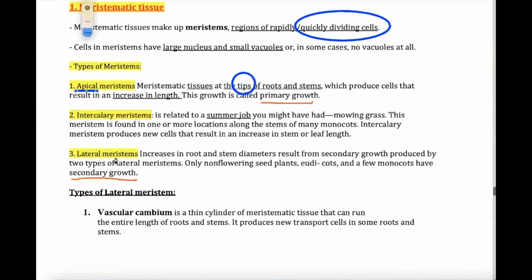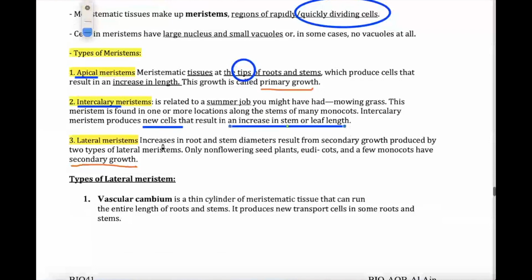Now, intercalary meristem is in the growth on the sides, in the nodes, where they produce new cells to increase stem and leaf length. Lateral meristem increases the root and stem diameter.